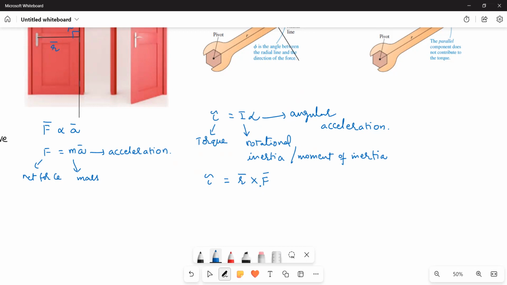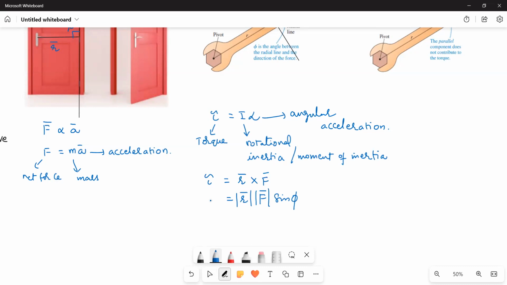You know there are two types of multiplication of vectors. One is the dot product, another one is the cross product. Here the two vectors are multiplied by a cross, that is what is called the cross product. The cross product is always R bar F bar sine phi, where phi is the angle between R bar and F bar.